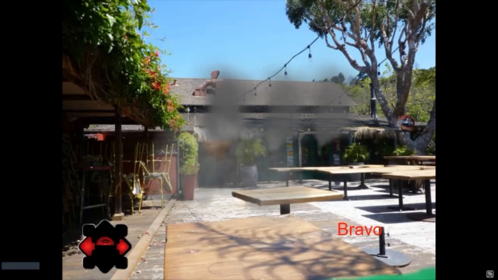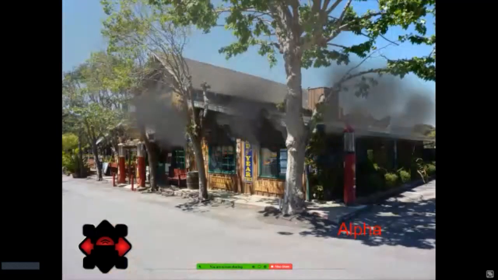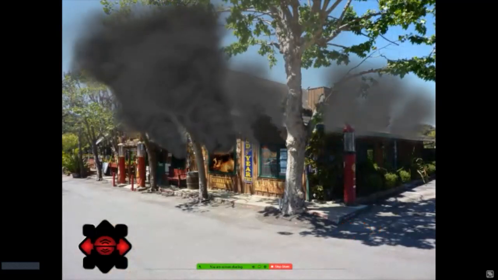In my own situation on a call like that, I would probably get what we call a 3-and-3 response. That'd be 3 engines, 3 trucks, staffed with 4 personnel plus a battalion chief, and probably a medical lieutenant as well. Responding to this, as I'm getting the 360, it looks like there's pretty heavy involvement within the restaurant area itself, interior.